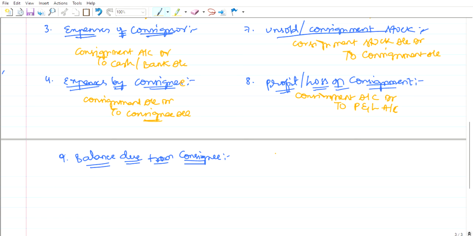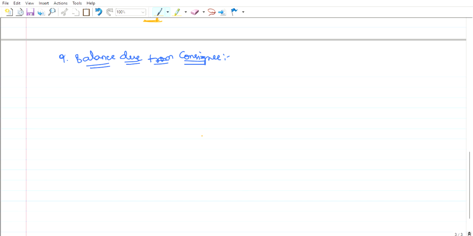For the balance due from consignee, we have to make consignee as a debtor.